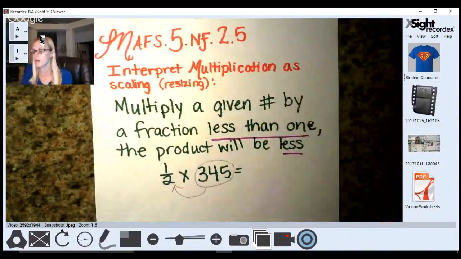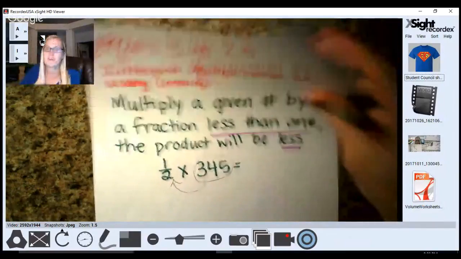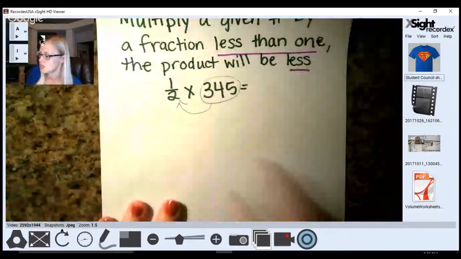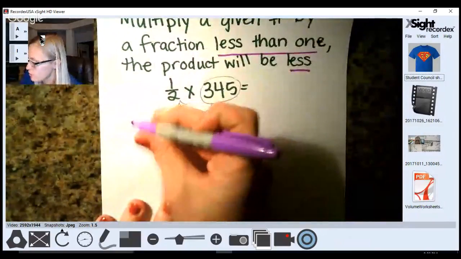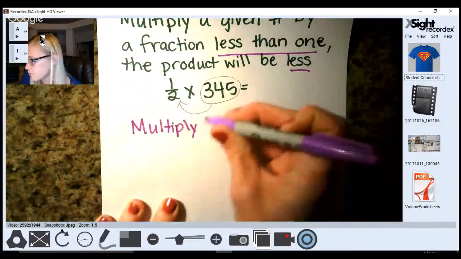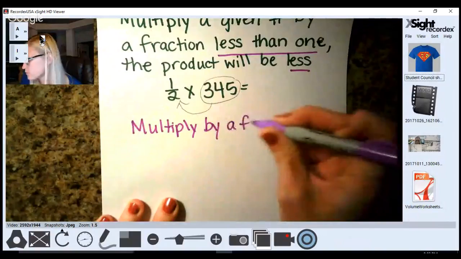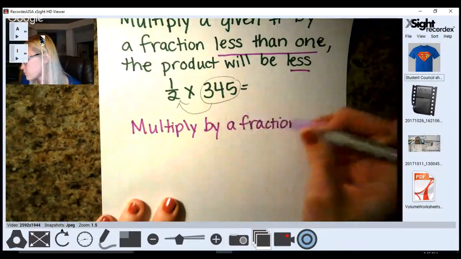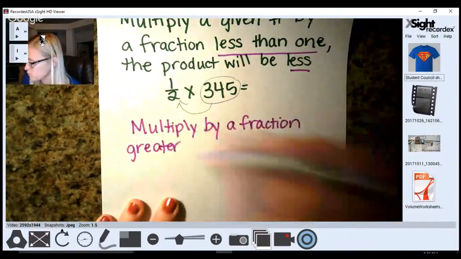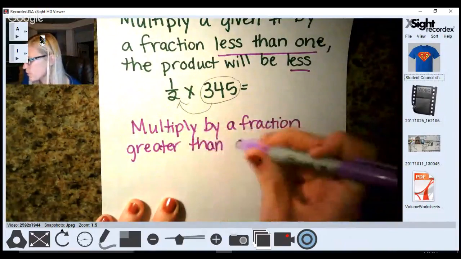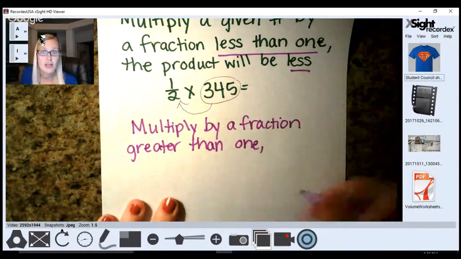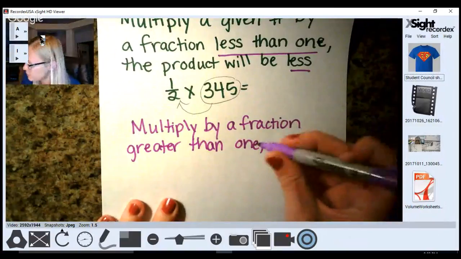So the next rule we have is just quite the opposite. If I'm multiplying a fraction, so multiply by a fraction greater than 1, I know that my final product is going to be greater than the other factor.